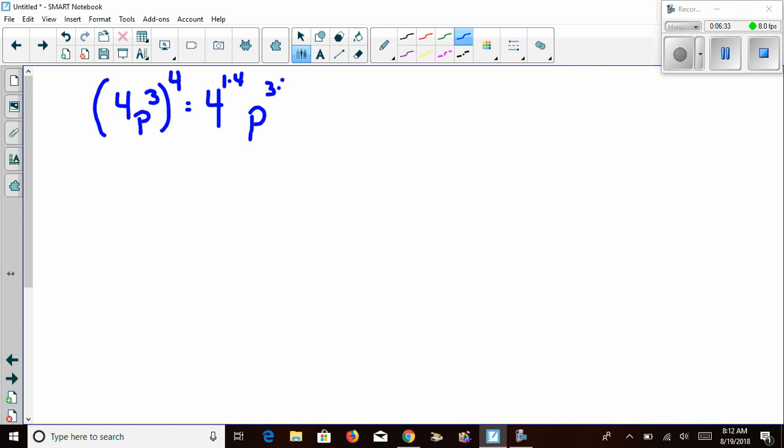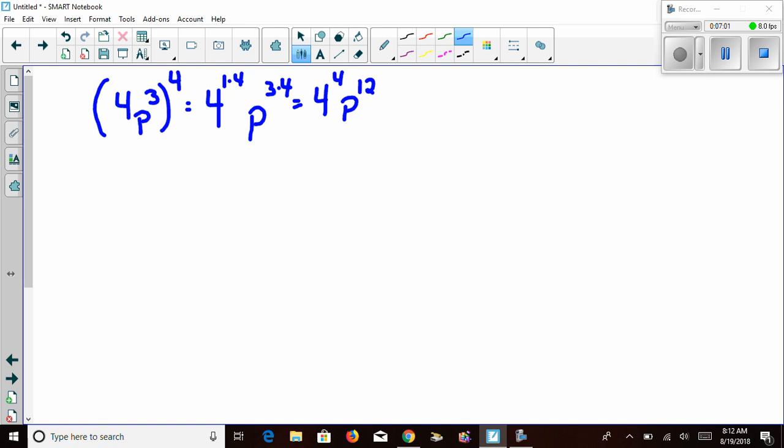I'm also going to multiply it by the 4, that exponent from the outside. That reduces to 4 to the 4th power, p to the 12th. So that 4 on the outside must multiply to each exponent inside of the parentheses.